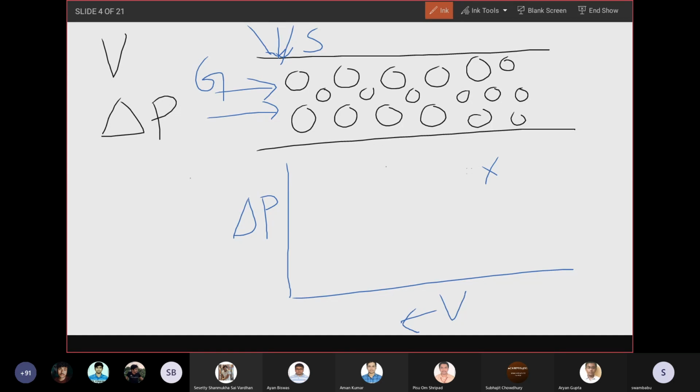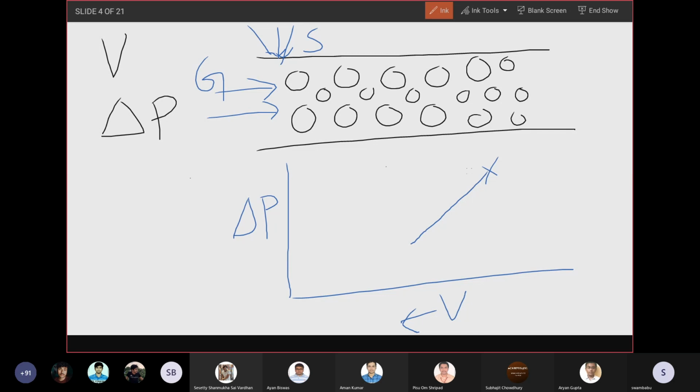Can anyone say what will happen to the pressure drop? Pressure drop will be less. Yes, the pressure drop decreases. Very good. So when I keep the solids rate constant and reduce the velocity of the fluid, the pressure drop reduces.